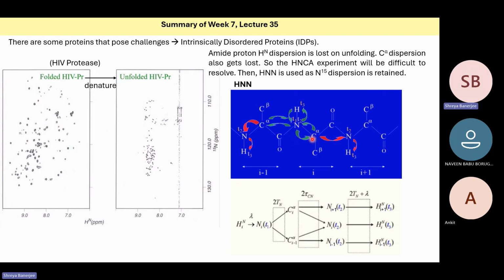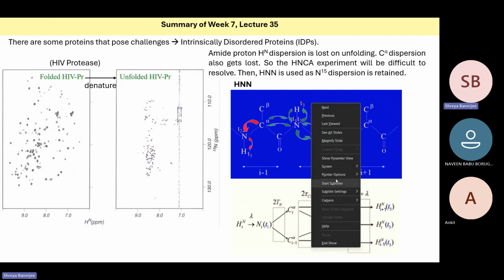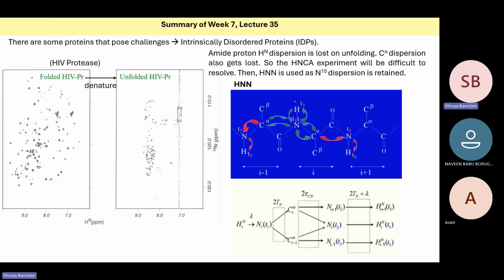And from C alpha i, we can go to the next N, Ni plus 1, or we can again go back to Ni. So at the end of the day, we are detecting NH i minus 1, i and i plus 1. We are also detecting Ni minus 1, Ni and Ni plus 1.